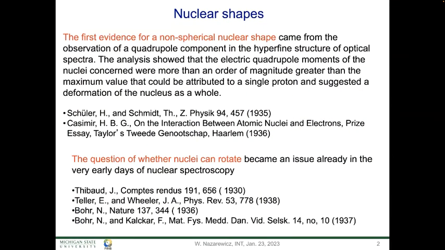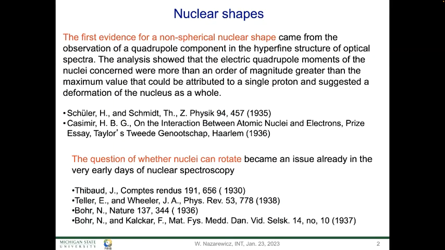Okay, so let me start from a historical slide. The first evidence for non-spherical nuclear shape came from hyperfine interactions. So the very small splittings or changes of electronic transitions in atoms and molecules.